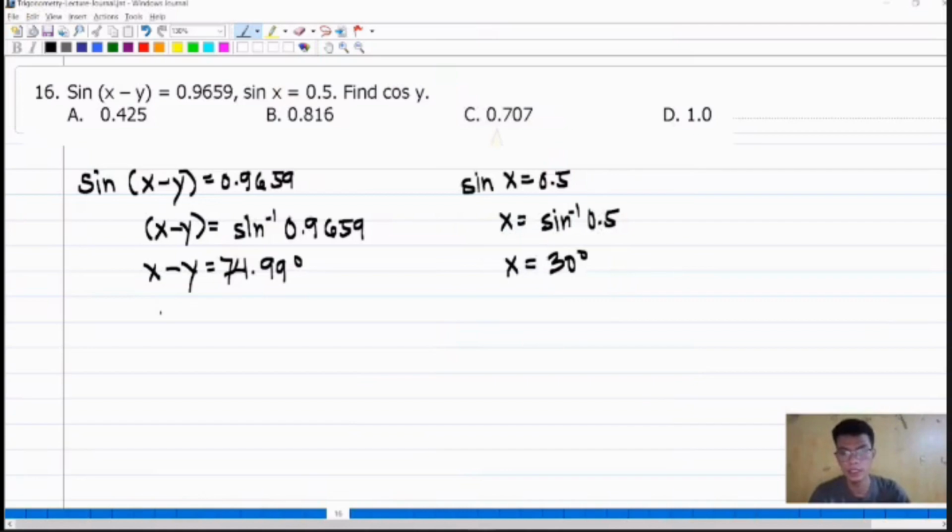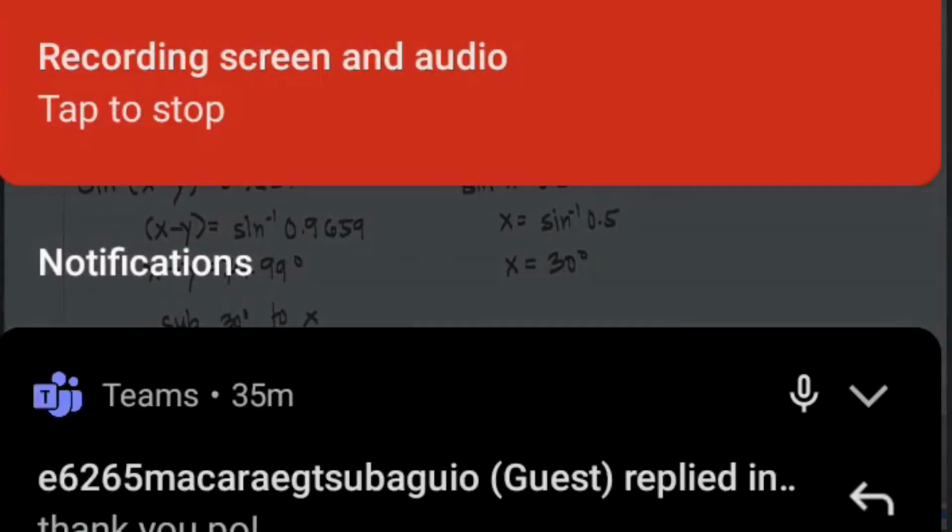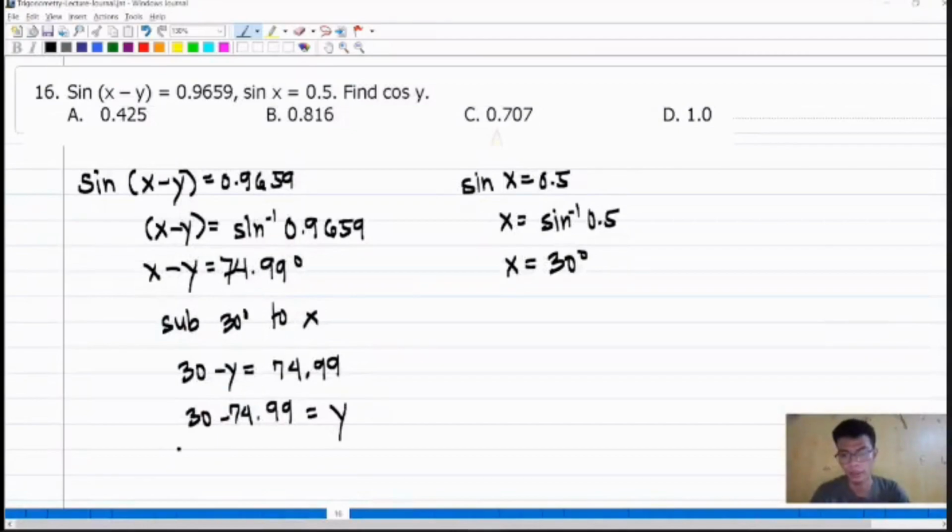So, since ang x natin is 30 degrees, so 30 minus y is equal to 74.99. May makukuha tayong value ni y dito, which is 30 minus 74.99. And this is y. Isolve na lang. Ito na lang siguro ang ilagay natin na value of y dito sa ating cosine y.